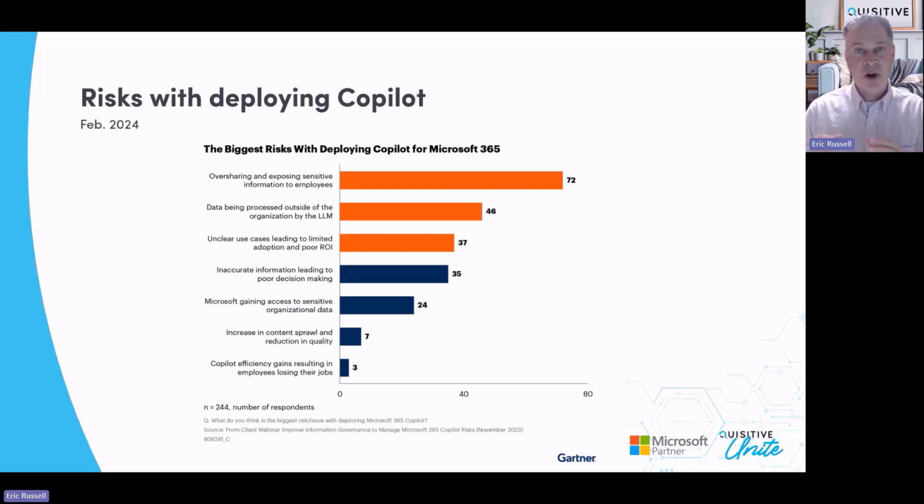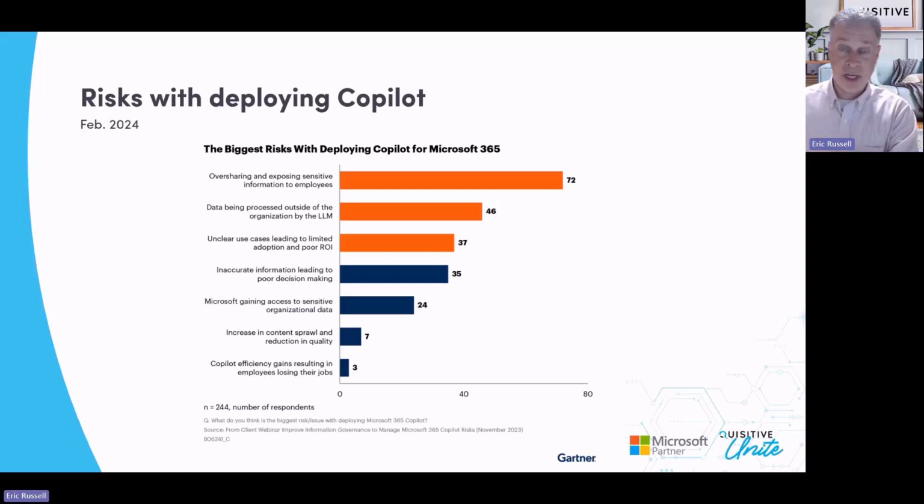But if there are configurations within your tenant or sensitive information that's been overexposed, Copilot might surface that information and bring it into the user experience. Then it becomes very difficult for the employee to then ignore the information once it's in front of them. So this is why that is the number one concern or number one risk.